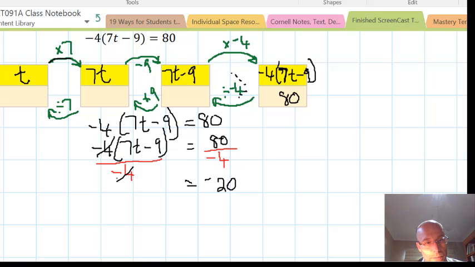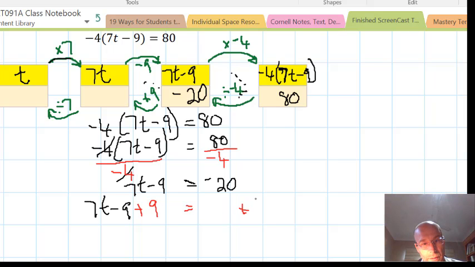And divide and times by the same thing just leaves us 7t minus 9. So we have 7t minus 9 equals negative 20. Alright, and if we use the flowchart we would have got that too, because we would have got negative 20 there. Next thing, we have to add 9. You can see that on the flowchart. So we have 7t minus 9, and we have to add 9.